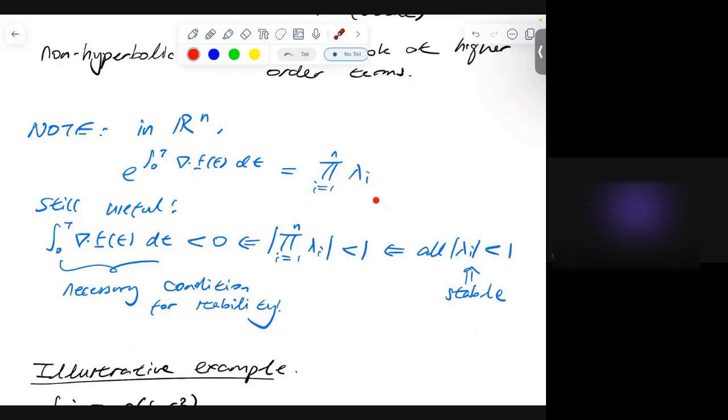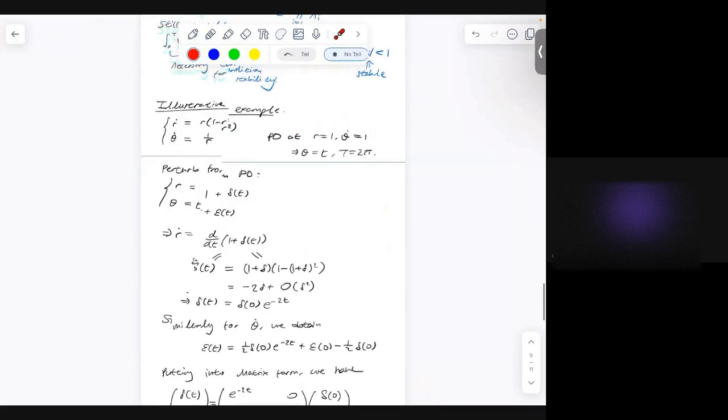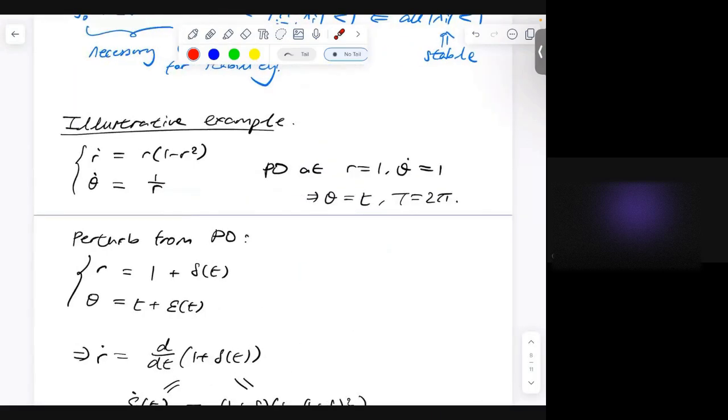Is that true? Yeah, okay, good. So we'll look at an example, and I think this will go a lot better than the derivation.